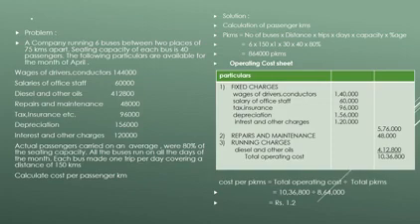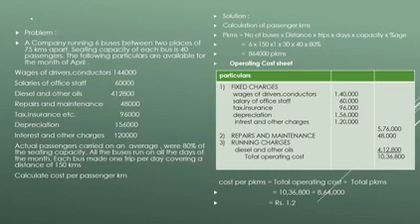As we have already studied, the cost per passenger kilometer is equal to total operating cost divided by total passenger kilometers. Already we have calculated total passenger kilometers as 8,64,000 and total operating cost as 10,36,800.